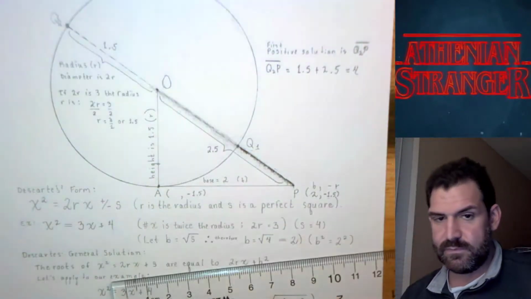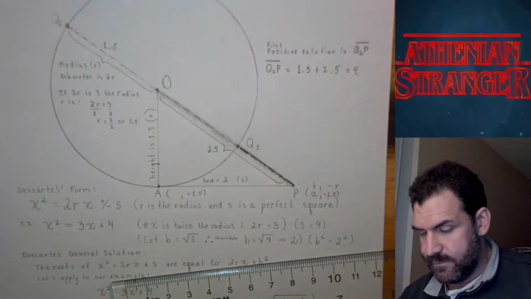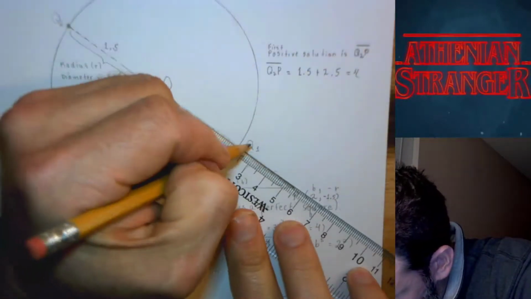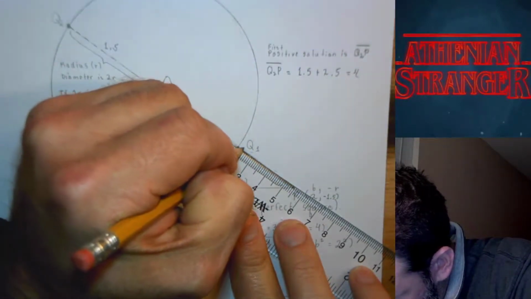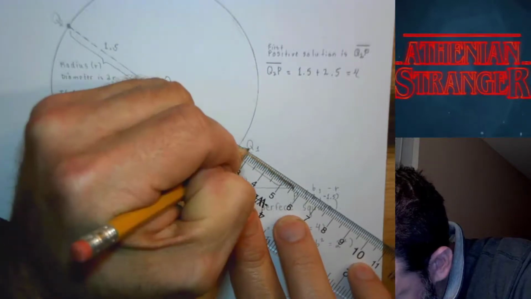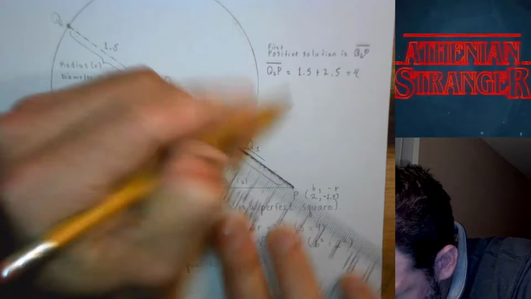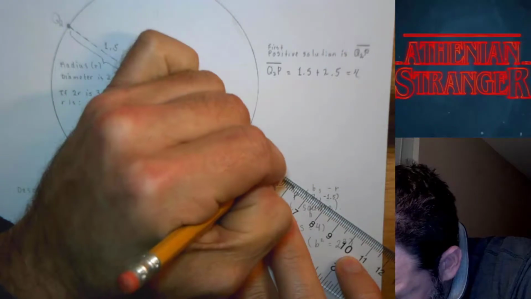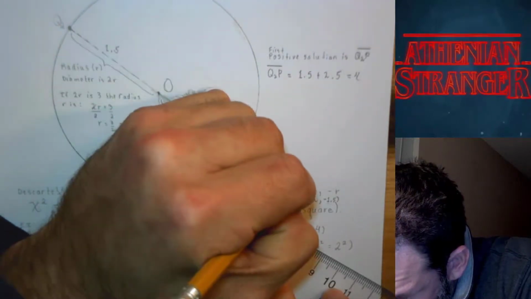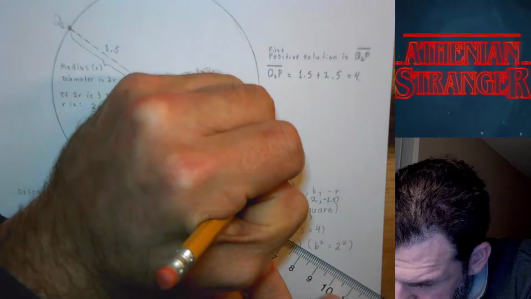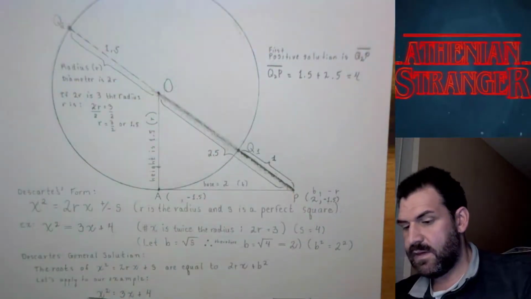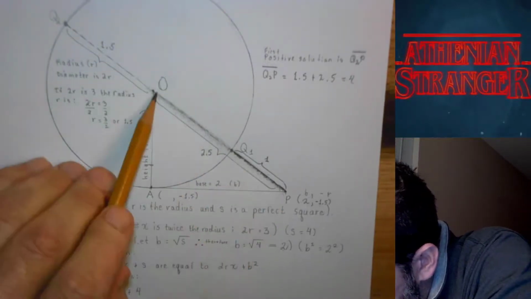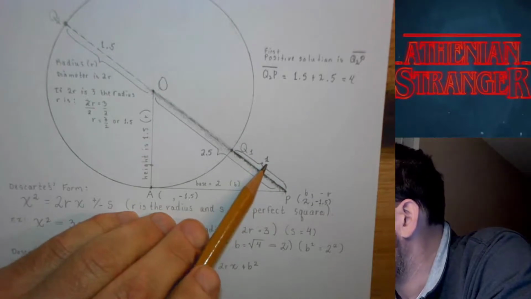The distance from Q1 to P is just 1. This is just 1, because this is 1.5 and the whole distance is 2.5. So that's got to be 1, right?